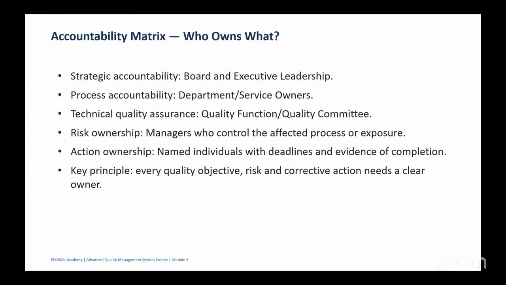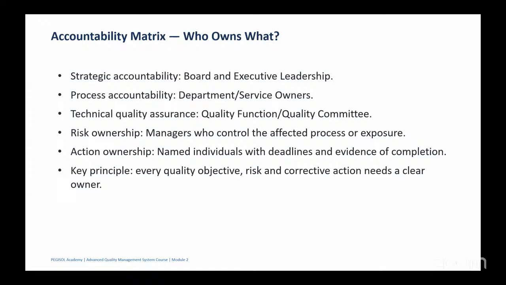Technical quality assurance should be the responsibility of the quality functions, the quality manager, or the quality committee. They are responsible for technical. Risk ownership goes to managers who control and affect the processes or exposure. Action ownership means naming individuals with deadlines and evidence of completion. The key principle is that every quality objective, risk, and corrective action needs a clear owner.